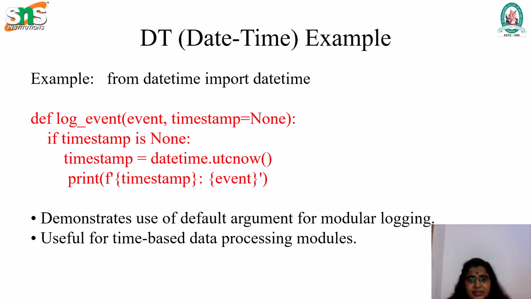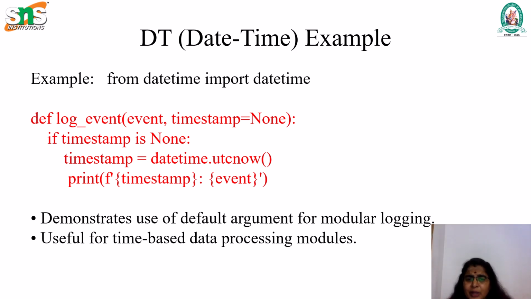Next is one example: a date and time example. This is very important in functions where we use default and formal parameters. From datetime, import datetime. First we have to import datetime. Then we define a function called log_event, and I pass two parameters: one is event and the other is timestamp equal to None.